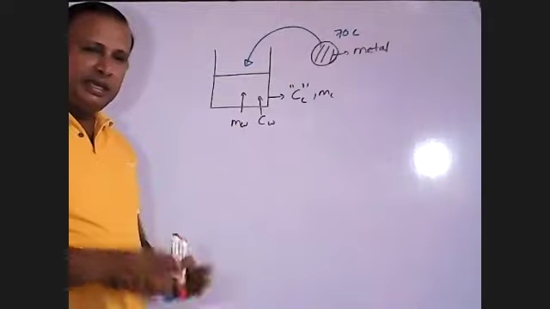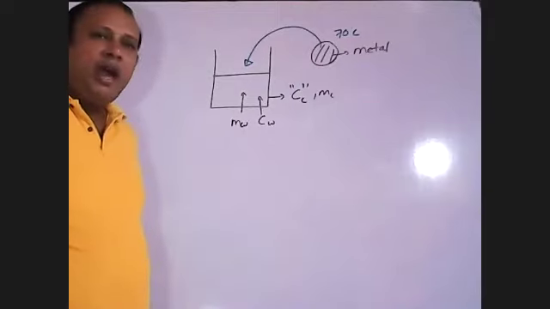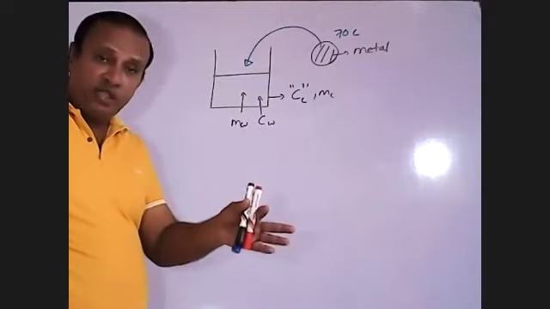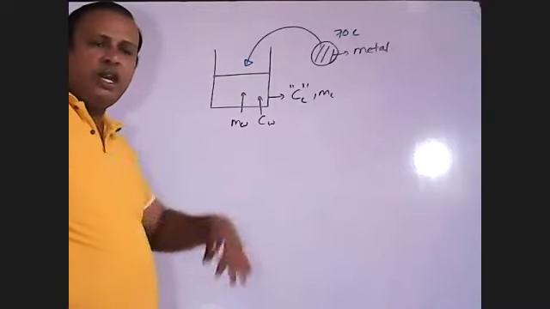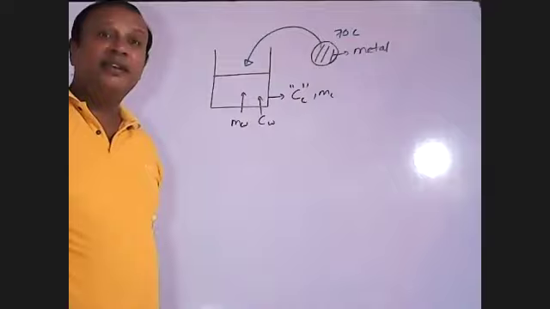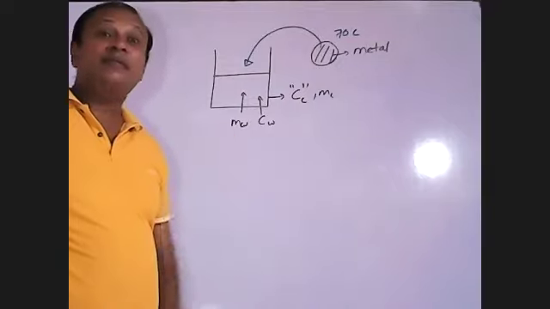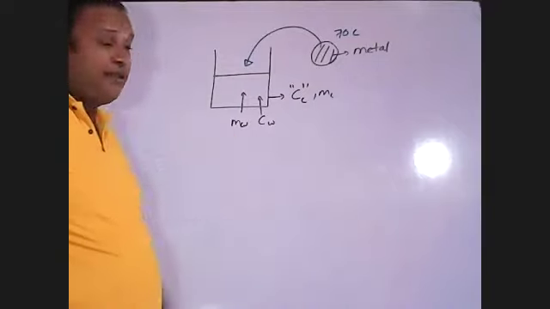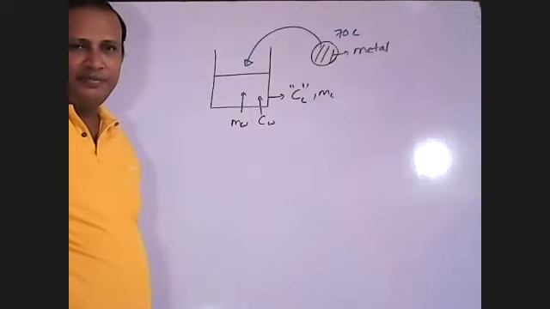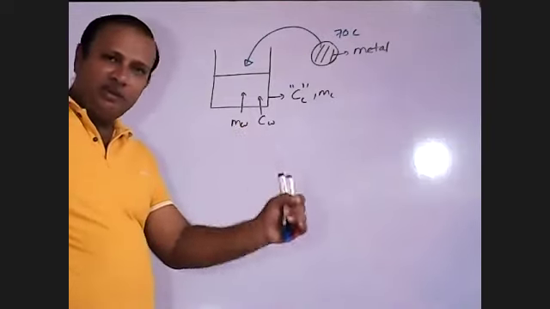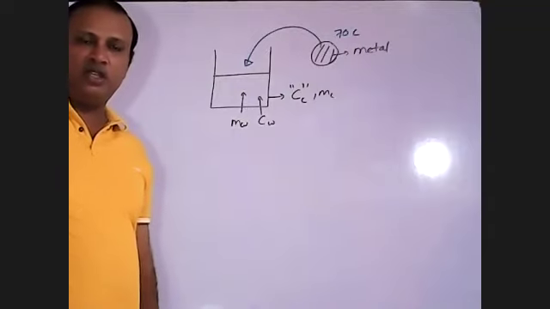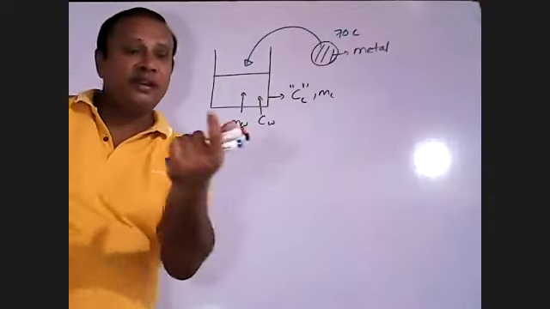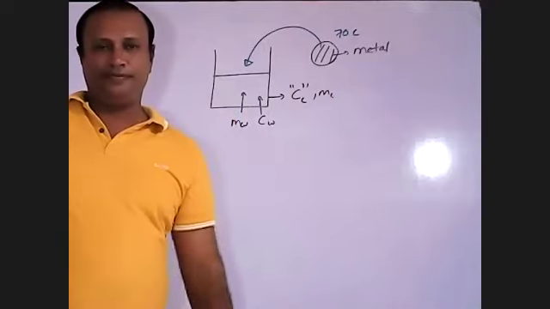Then you have to measure the temperature difference, the initial temperature and the maximum temperature gained by the water. If you measure those temperatures, then you can get the theta value.